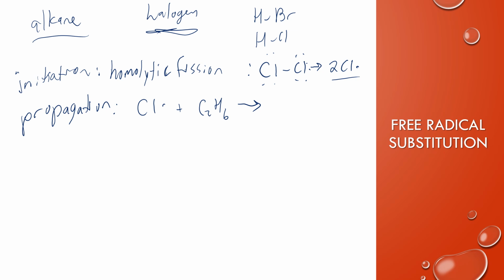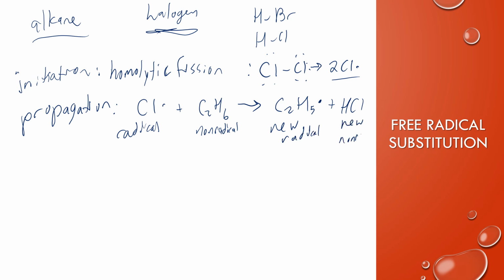It's going to form a new radical, so typically you'll see C2H5, and a product that is not a free radical. Again, your reactants are always a radical plus a non-radical, which make a new radical and a new non-radical. And typically you're going to see the hydrogen moving.